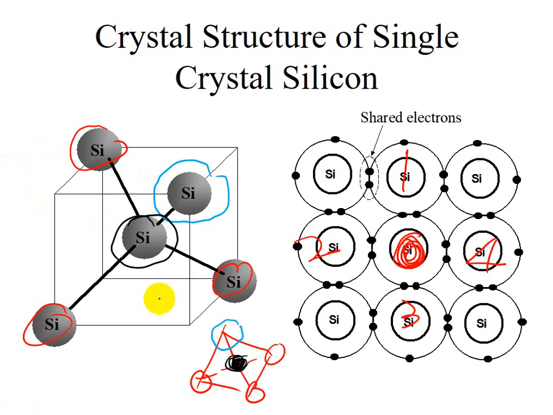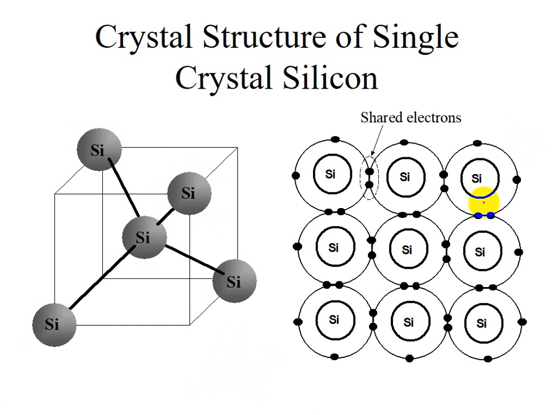Silicon is in group 4 of the periodic table, a group 4 element. That means the outermost S and P electron shell is occupied with 4 electrons. So each silicon atom is supposed to have 4 electrons.